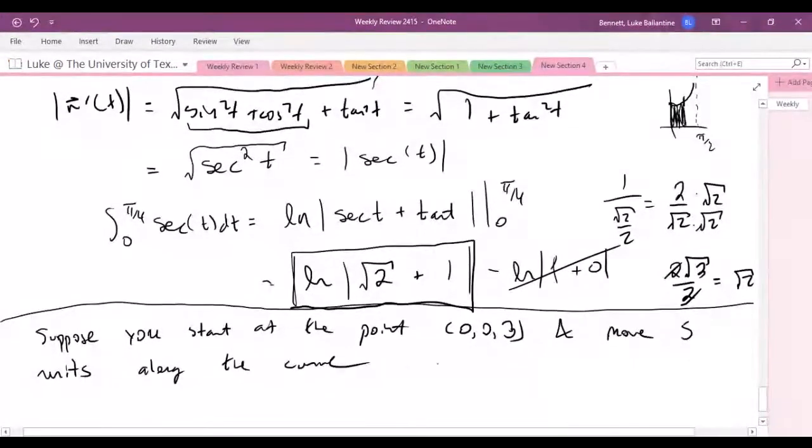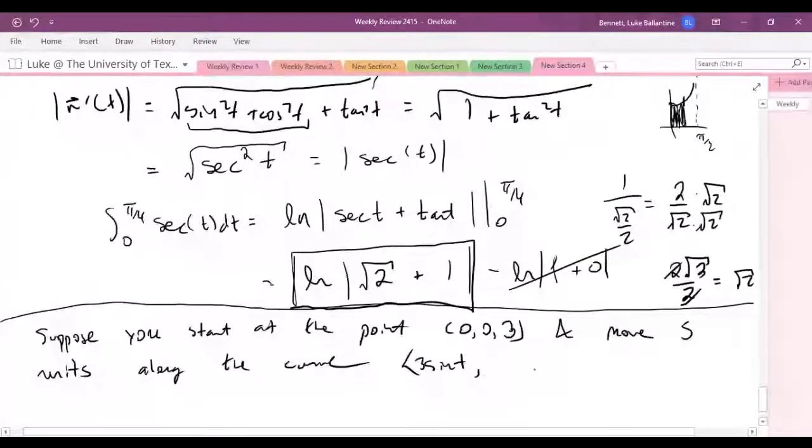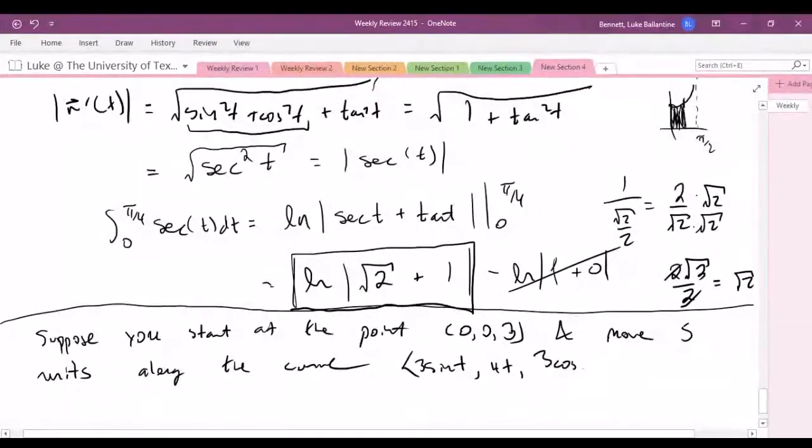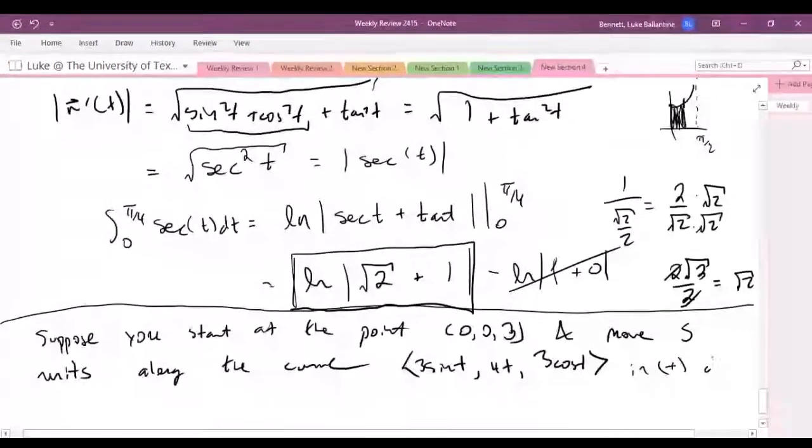We have the curve 3 sine t, 4t, 3 cosine t, in the positive direction. And now it's asking you where we are now.